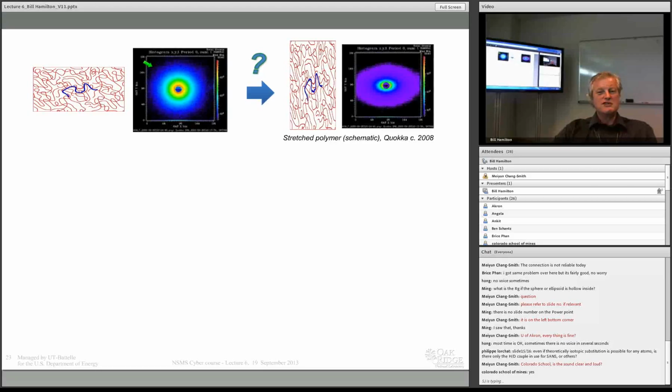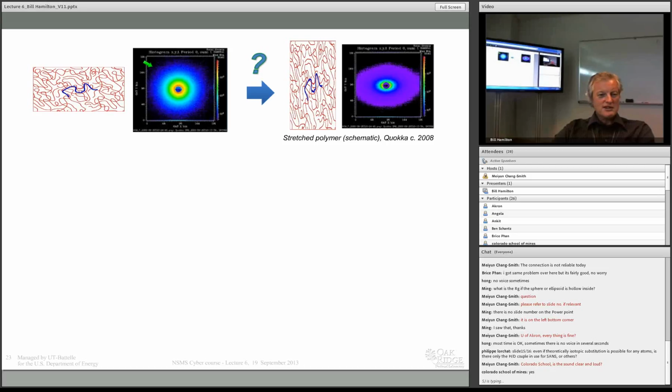The answer is you could measure that scattering because of that contrast. And because I stretch this molecule in this direction, and scattering is in reciprocal space, the effective scattering strength shrinks perpendicular to that and extends in the direction that I have shrunk the molecule.